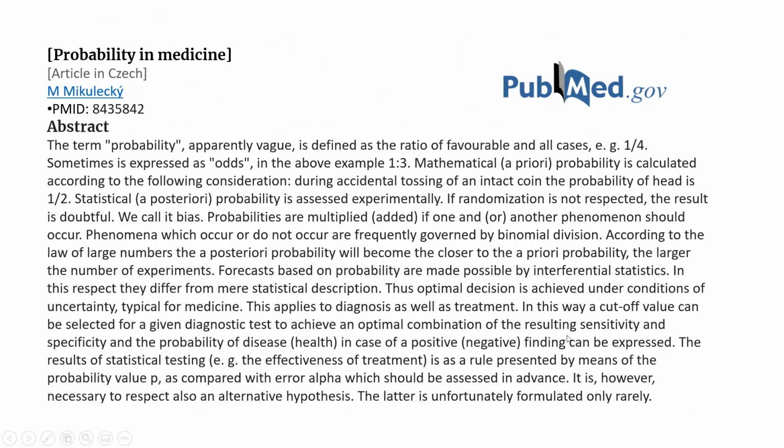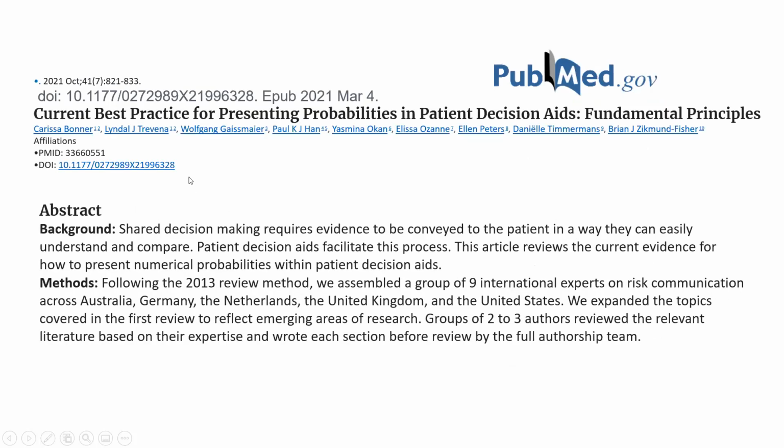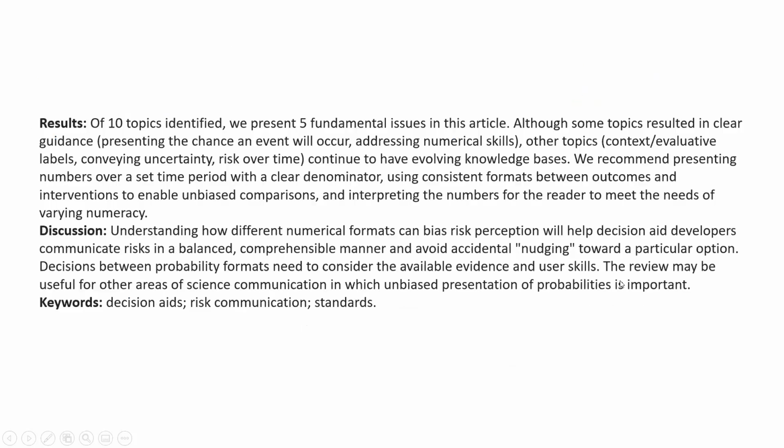In a way, we can have probabilities in clinical settings, and we can present them in terms of P values compared with alpha errors, and we can apply them to diagnosis and treatments as well. And the current best practices for presenting probabilities in patient decision aids follow fundamental principles. So this is the article that shows how probability can be applied in clinical settings.